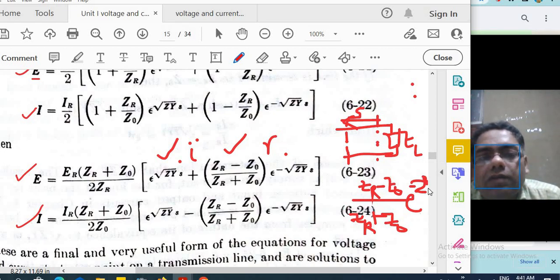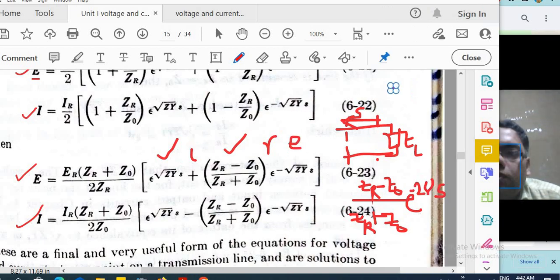So we get ZR minus Z0 by ZR plus Z0 into e to the power minus 2 gamma s, where gamma is root of zy. This factor comes in when we want to find the reflection coefficient at any point on the line at a distance s from the load end. So this is the expression for the reflection coefficient.